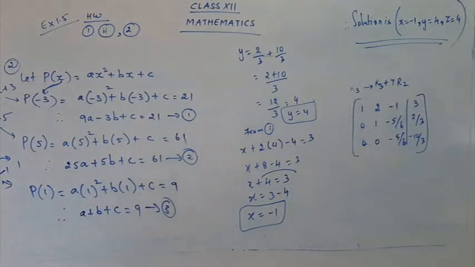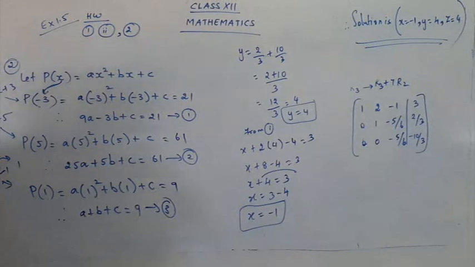So from the question, we have found the three equations. What is the first equation? 9a minus 3b plus c is equal to 21. Second one, 25a plus 5b plus c is equal to 61. And the last one is a plus b plus c is equal to 9.